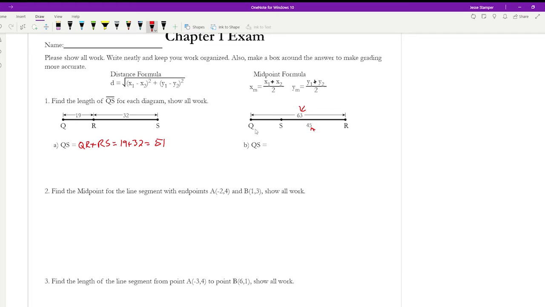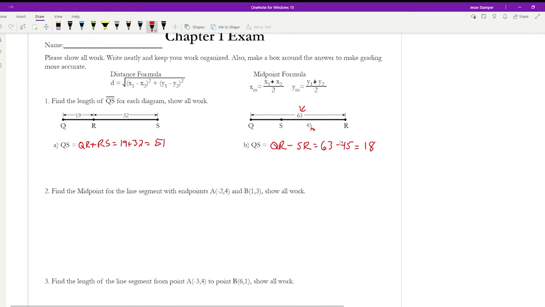So the measurement of QS should be QR minus SR, which is 63 minus 45, which equals 18. So that's how you solve 1A and B.